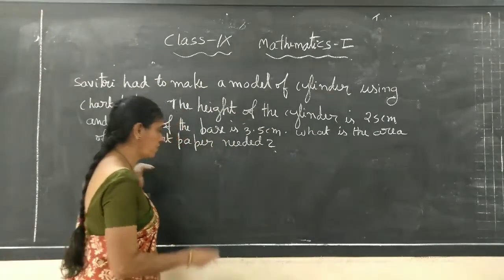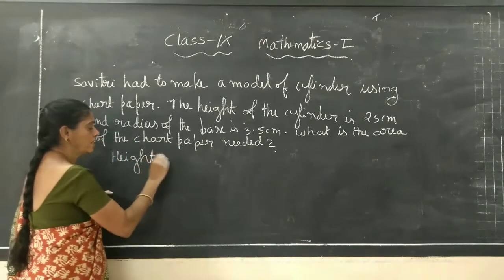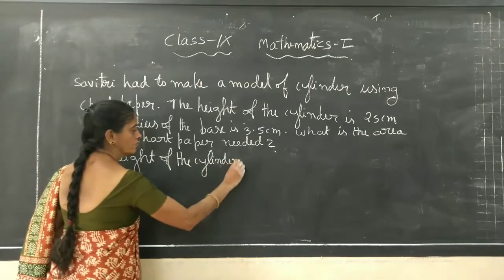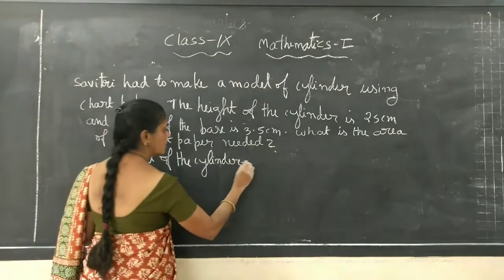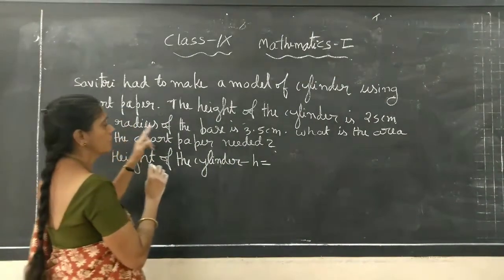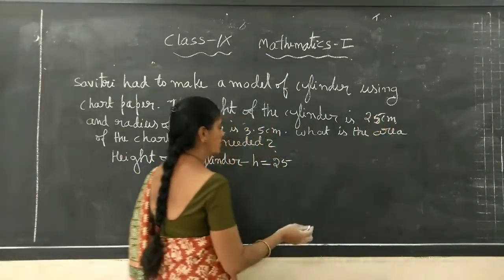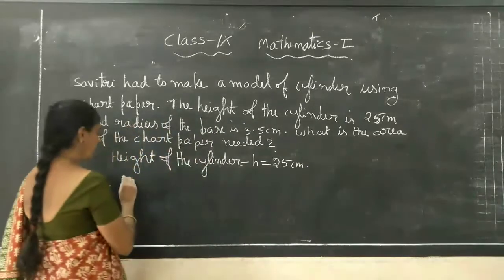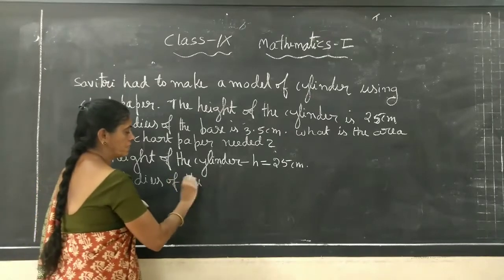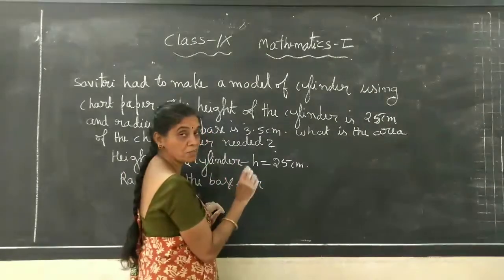First, what are the given things we have to write? Height of the cylinder, symbol H, is 25 centimeter. Then radius of the base, symbol R, is 3.5 centimeter. Whenever a formula is there, write the symbol.